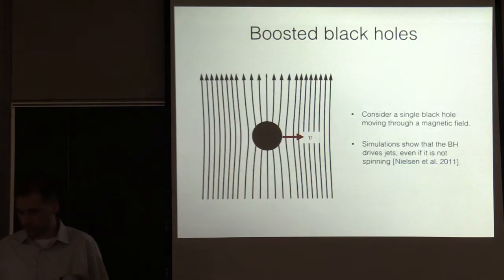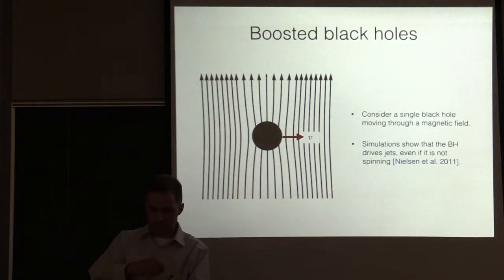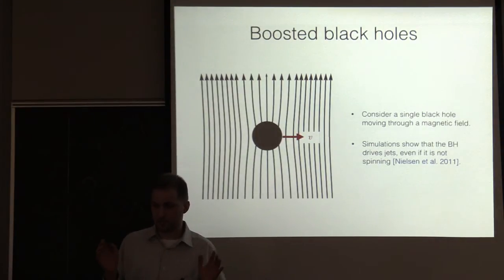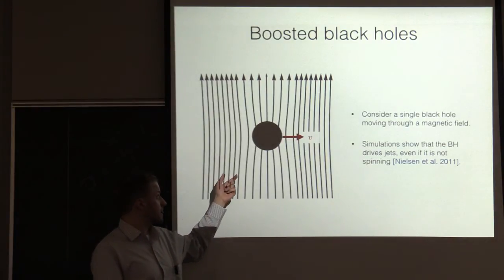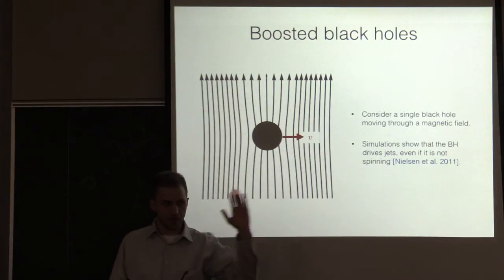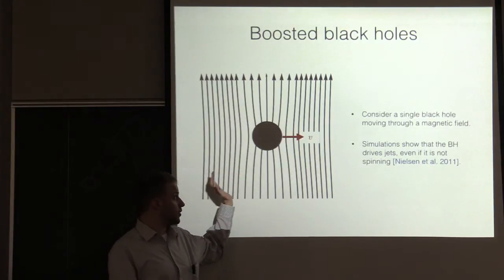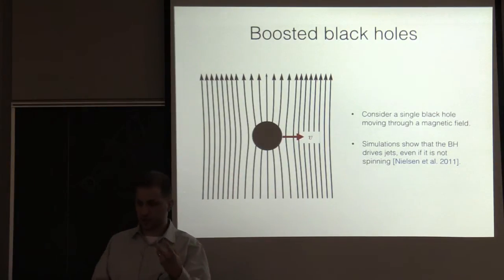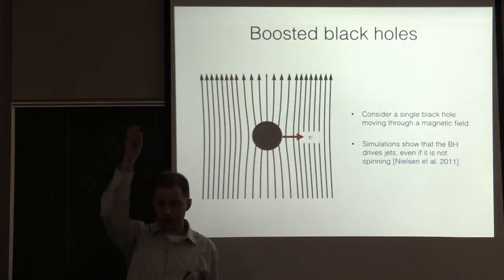So the full problem is very difficult. The metric of a binary black hole is a mess. But there's a simpler problem that can give a lot of insight, which also hasn't been explored very much, which is just to consider a single black hole. It can even just be a Schwarzschild black hole moving through a uniform magnetic field. The idea is that interactions of the black hole with the magnetic field will exert a drag on the black hole, and some of the energy in the black hole's motion will go out in the magnetic field.